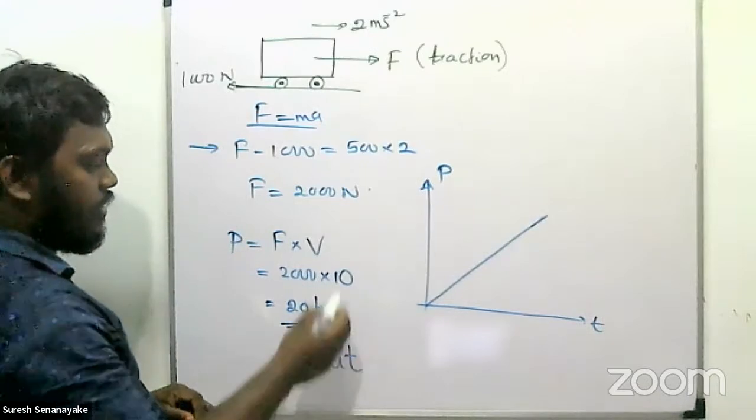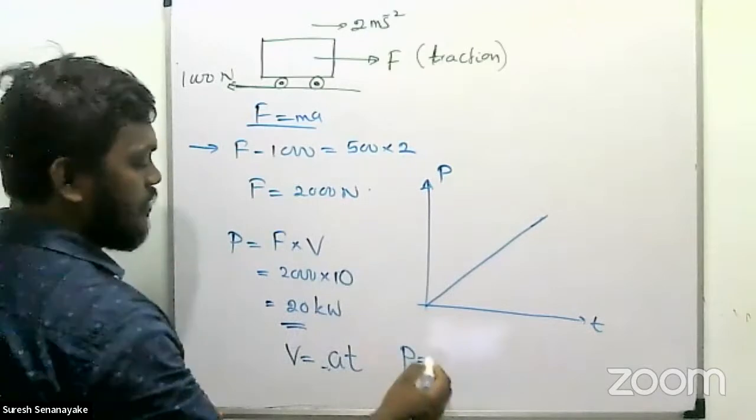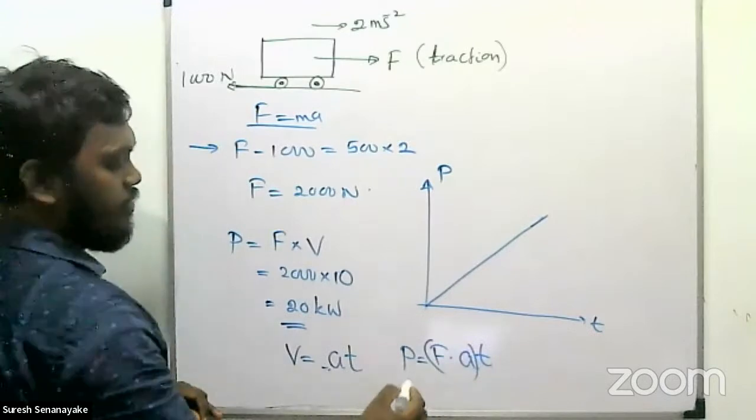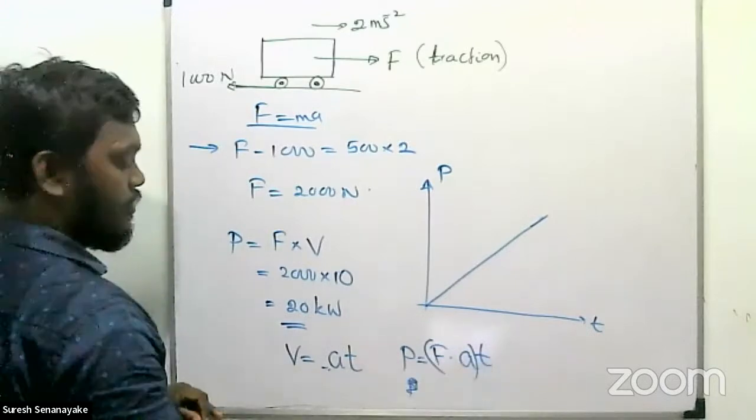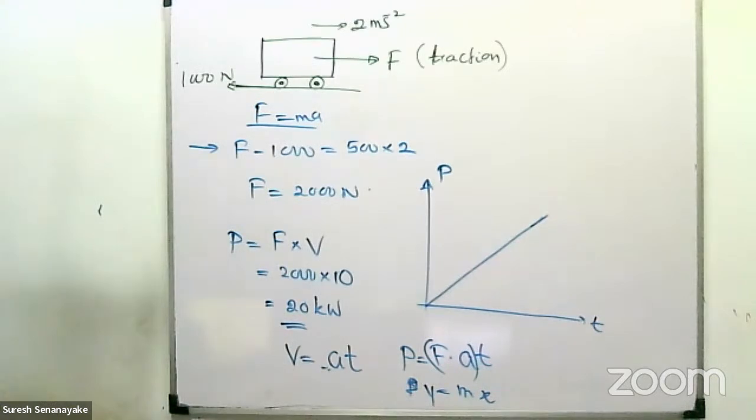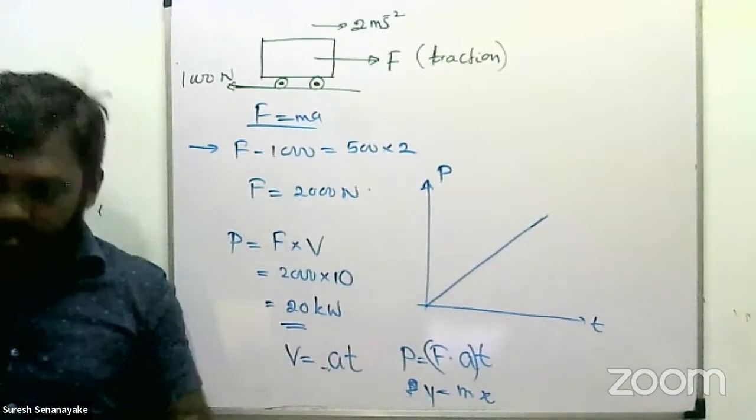So acceleration is 2, then power equals F a t. If a is constant, power is proportional to the time, so it is a y equals mx type. Okay, then write the next question.